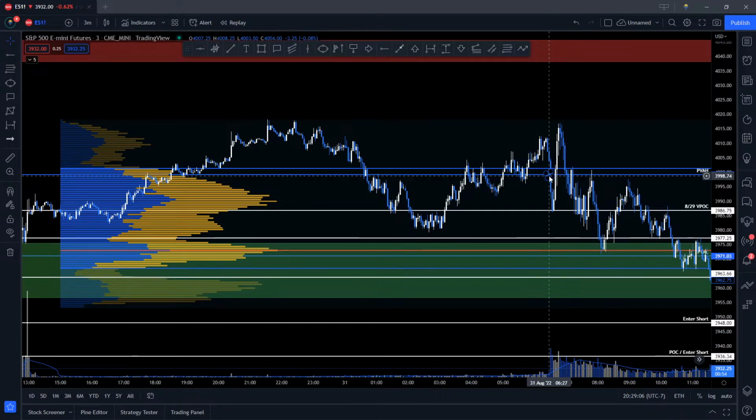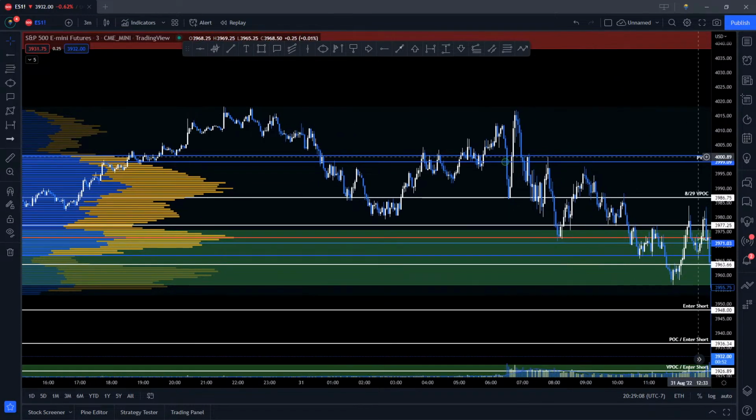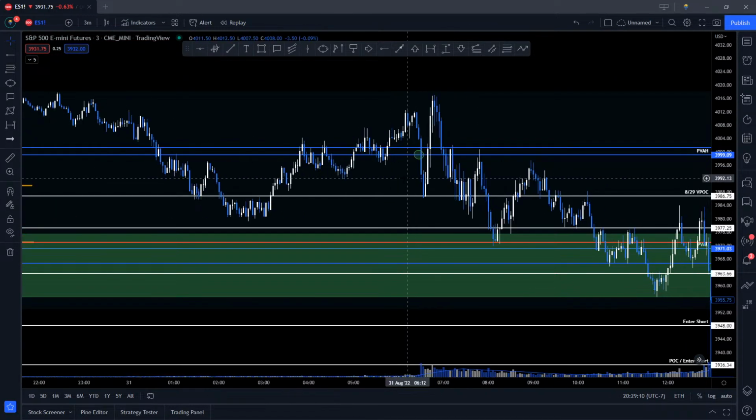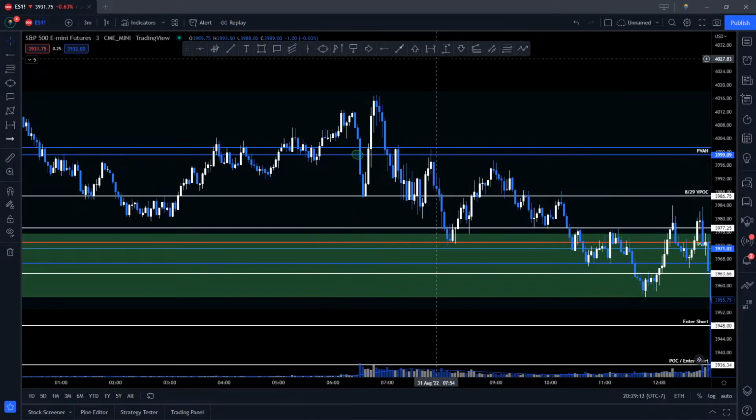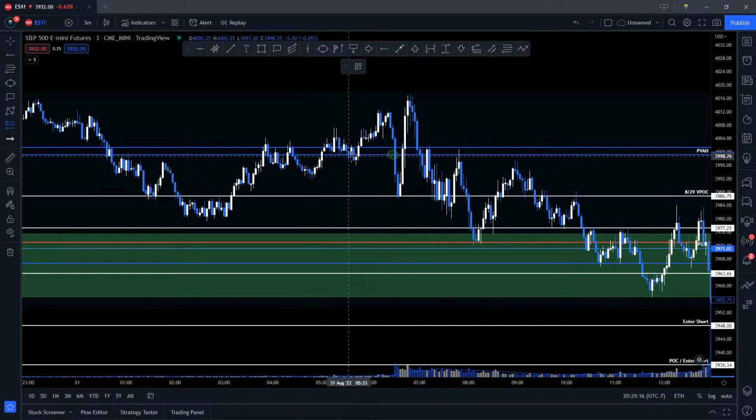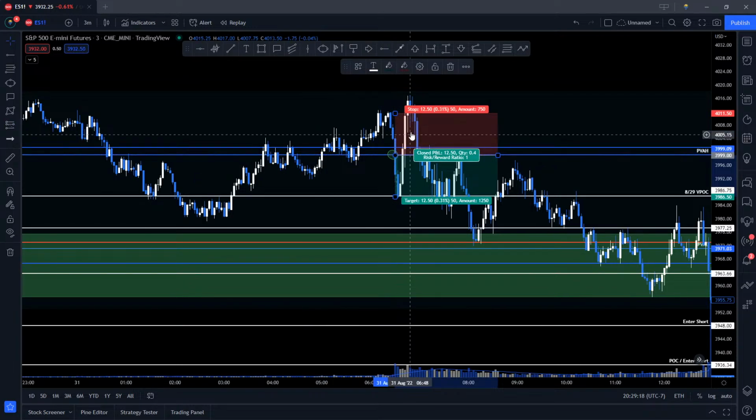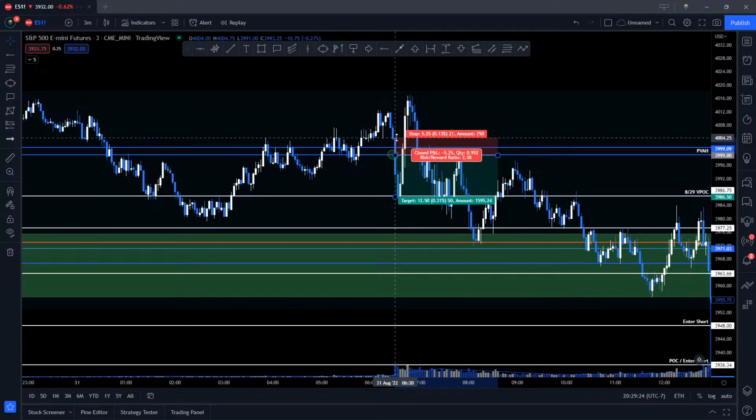But if you took a short position here, you're looking for 2-1 risk to reward. And this stuff is important. So here's our entry. Obviously you would be drawing this after it happens, but while you're still in the trade.